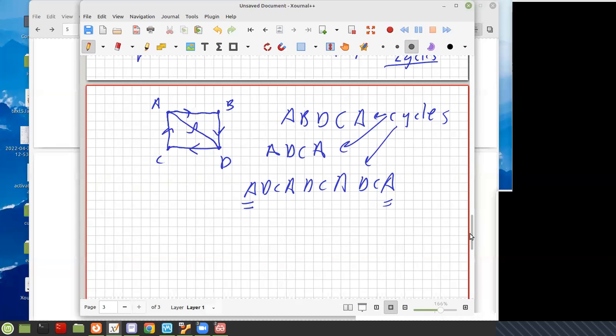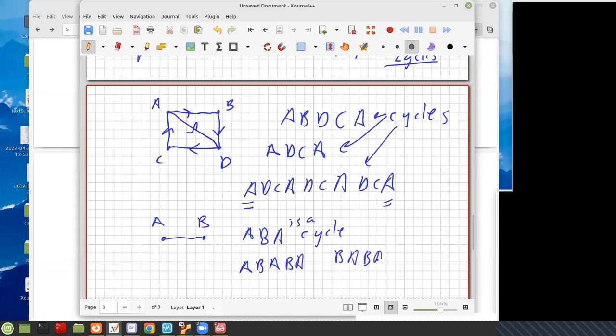For example, this is a cycle, A, B, A, as well as A, B, A, B, A, or B, A, B, A, B, things like that.